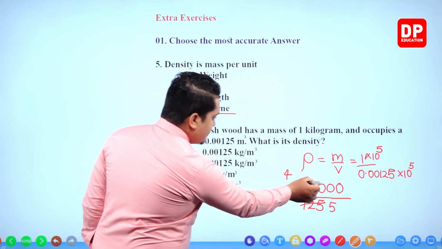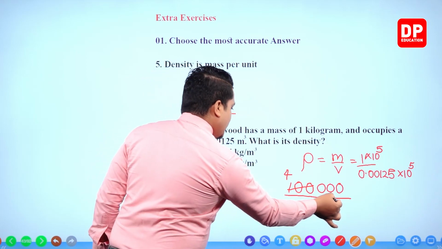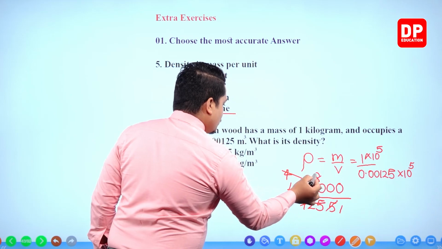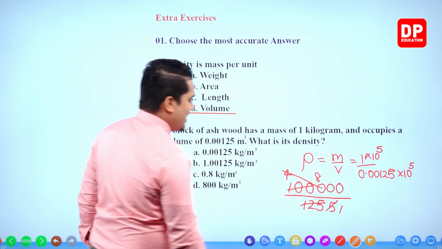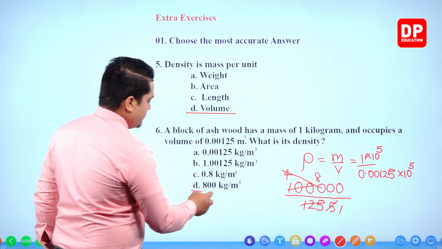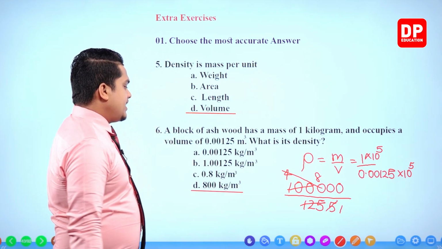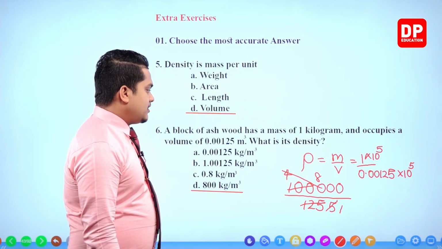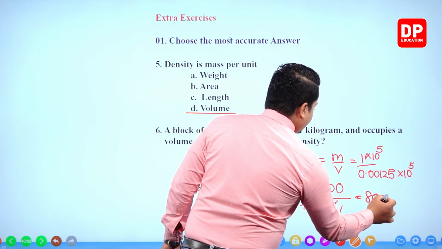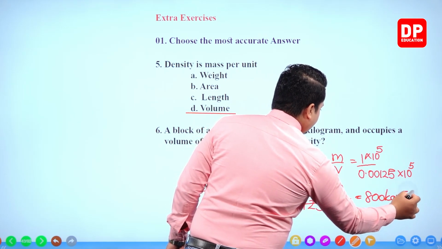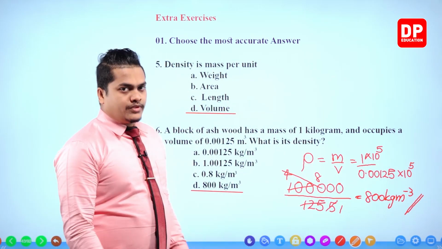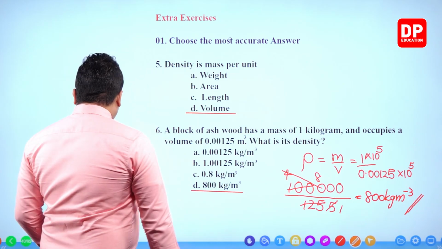Then here, 4 and 0 means 40. You can cancel again. Here 1. For 40, there is 8. So 800, the answer is 800. Yes, 800 can be observed here. So the answer is 800 kilograms per cubic meter. This is the answer.